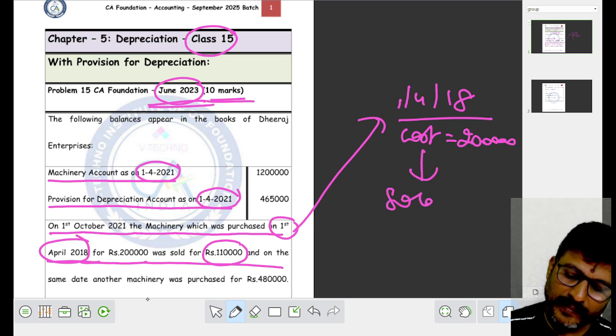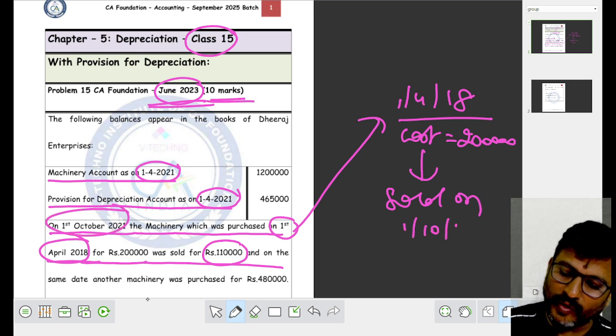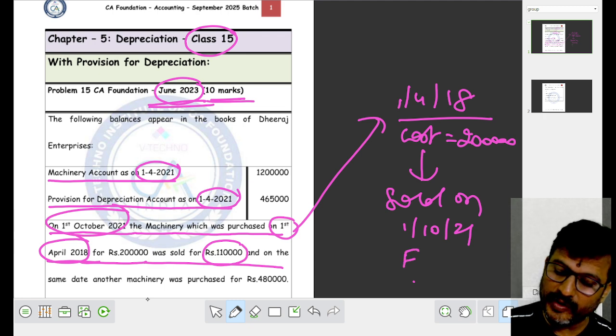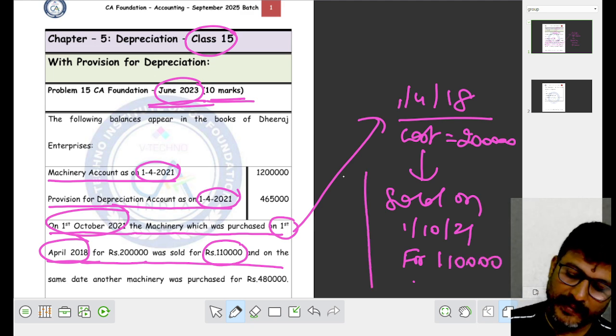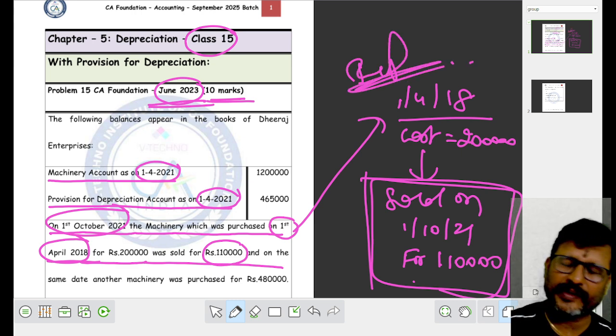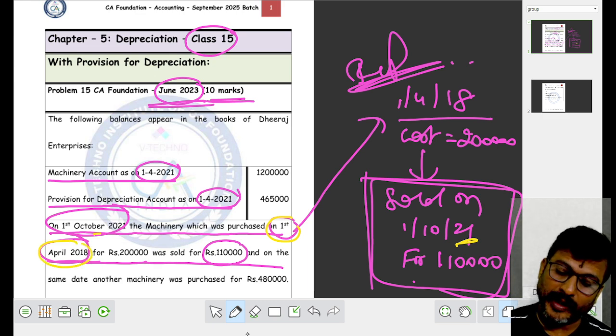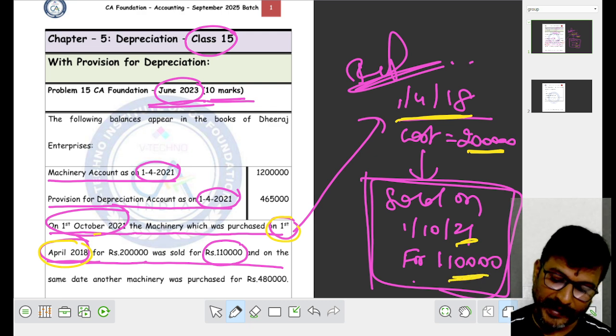Sold on when? On 1st October 21. For how much? For 1 lakh 10,000. Please remember this particular point, which is very important. On October 21, the machinery purchased on April 18 for 2 lakh was sold for 1 lakh 10,000.